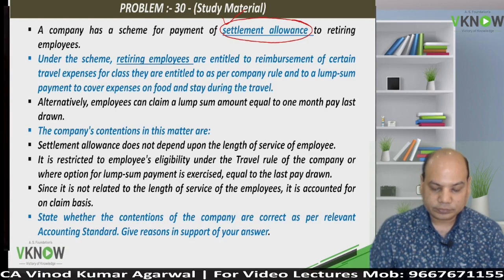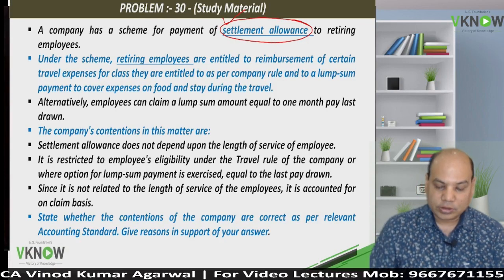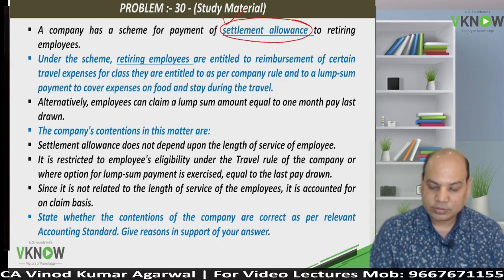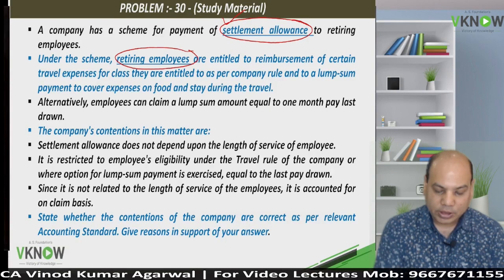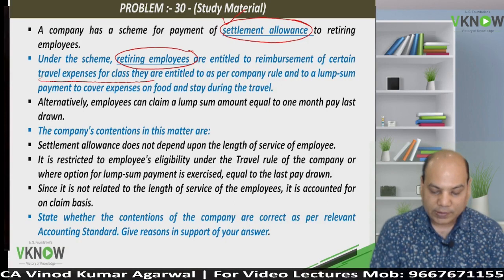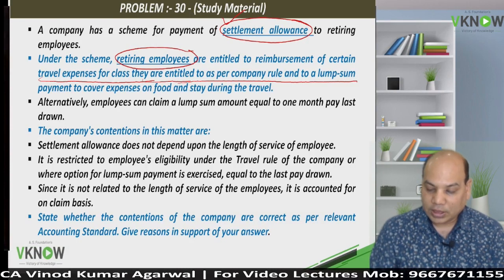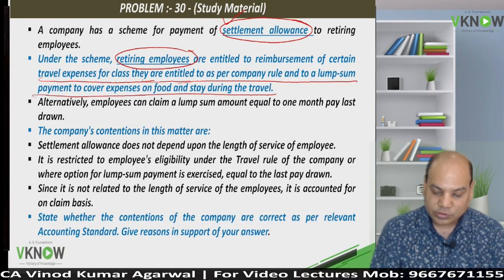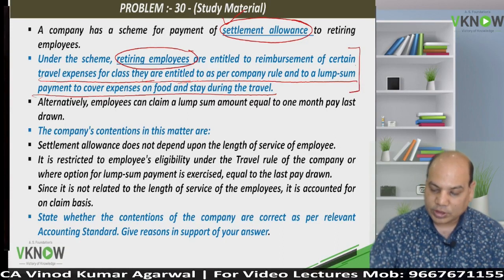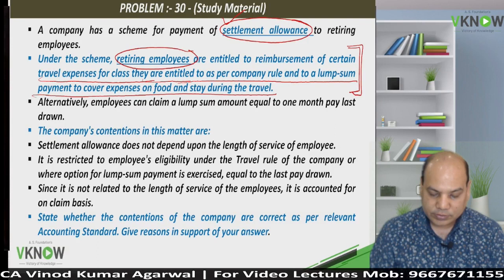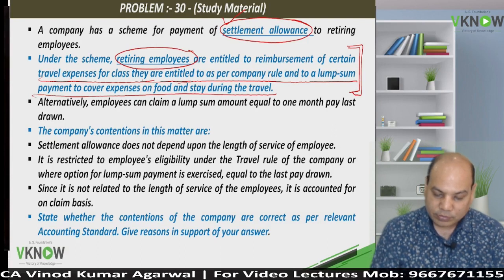Now it says, under the scheme, the retiring employees are entitled to reimbursement of certain travel expenses for class they are entitled to as per company's rule, and to a lump sum payment to cover expenses on food and stay during the travel. So this is what will be paid to them as settlement allowance. So one option is they will get amount of reimbursement.